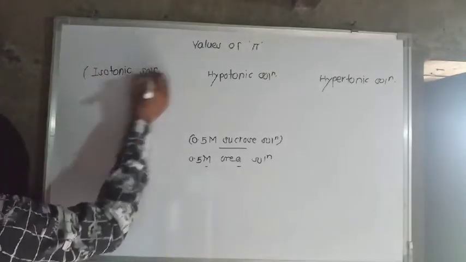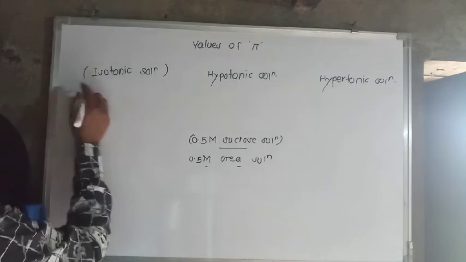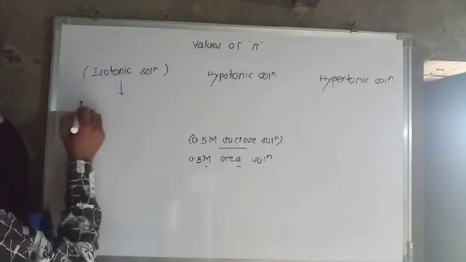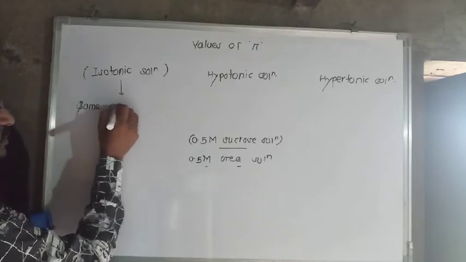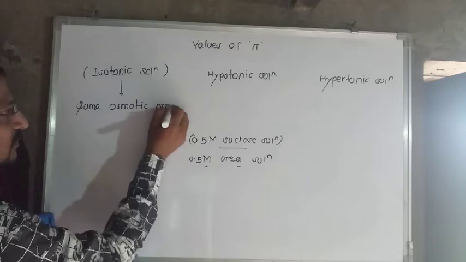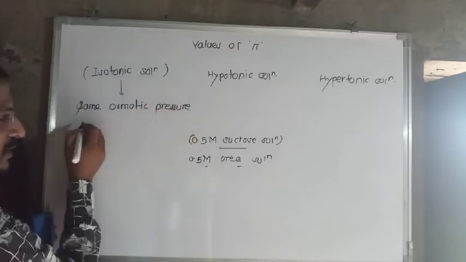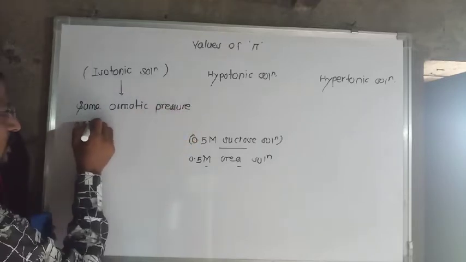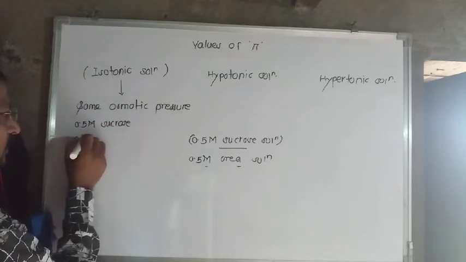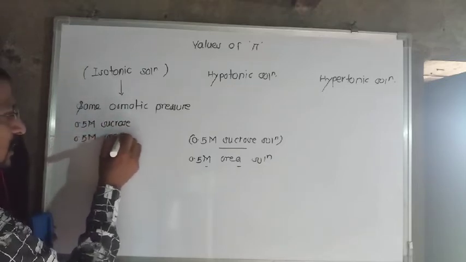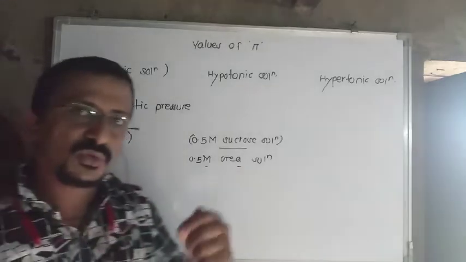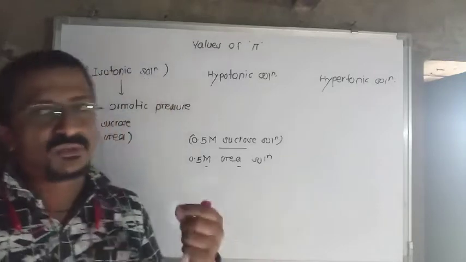So they come in the class of isotonic solutions. That is, isotonic solutions are those solutions which have the same osmotic pressure. That is, 0.5 molar sucrose and 0.5 molar urea solutions are isotonic solutions. So remember well, isotonic solutions are those which have the same osmotic pressure.